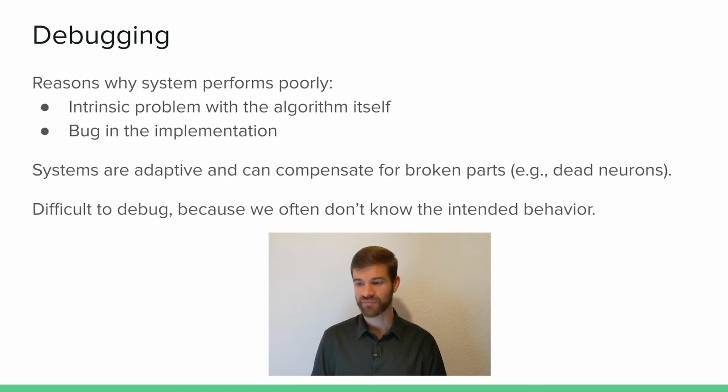So you can have some neurons that are no longer sending any output signals, and still you can perform very well. And the one example that I'll never forget was at one conference, that was a really weird paper that they presented, where they were really proud of their network.